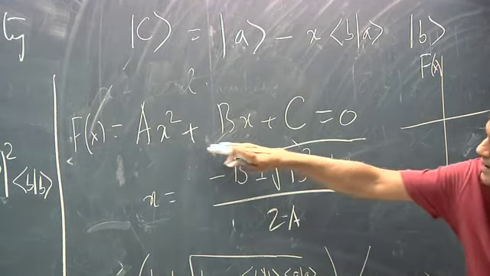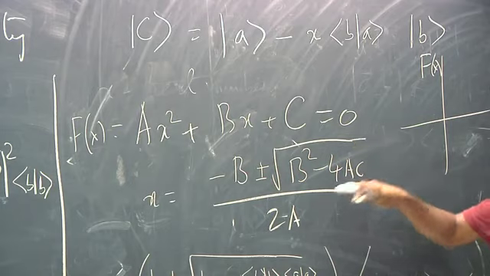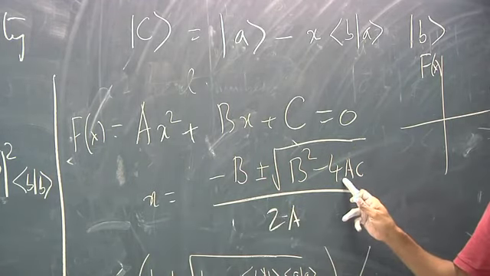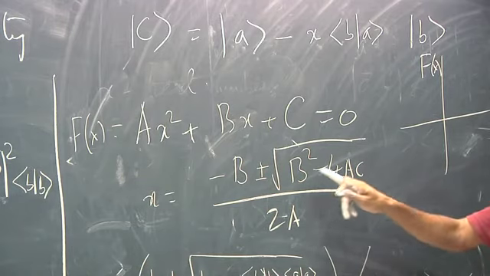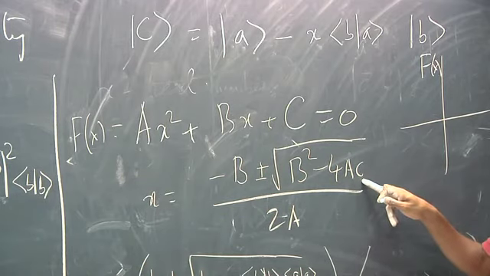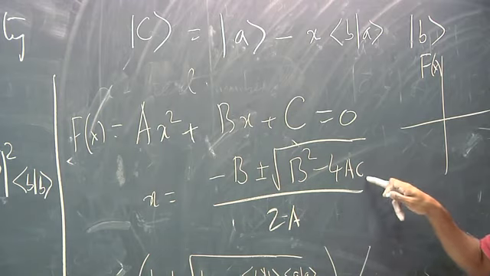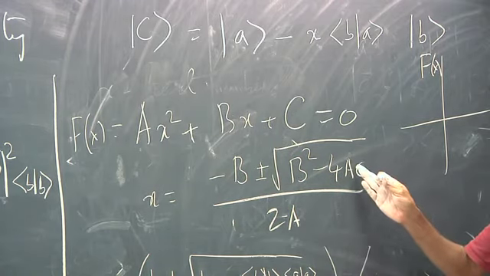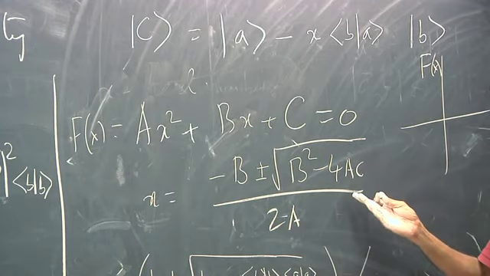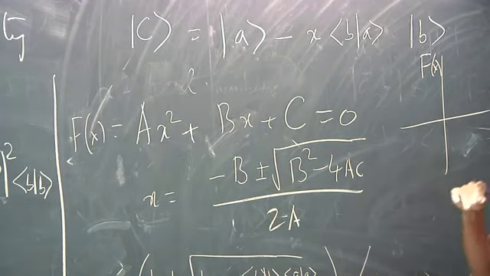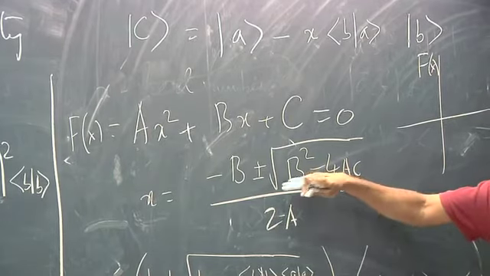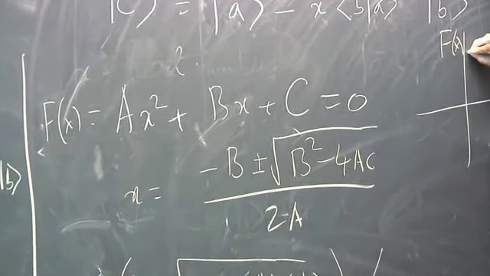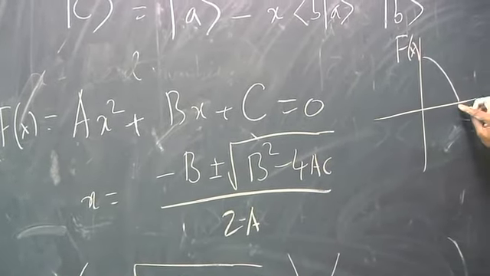If this quadratic solution had a real root, I mean, this need not be real. If b squared is less than 4ac, this will be negative, and the square root of a negative number will be imaginary, so it will not be real. What I'm saying is suppose it was real, then when I plot it, at some point this function should become 0.